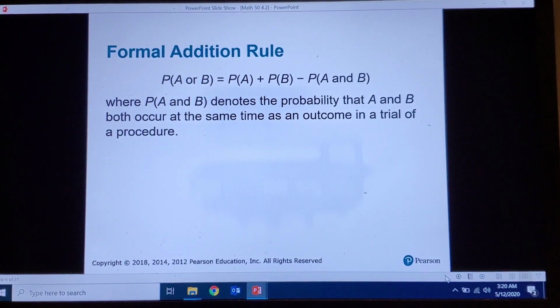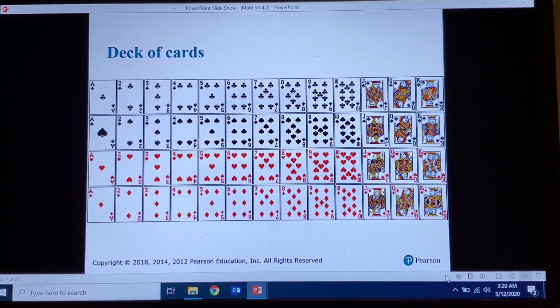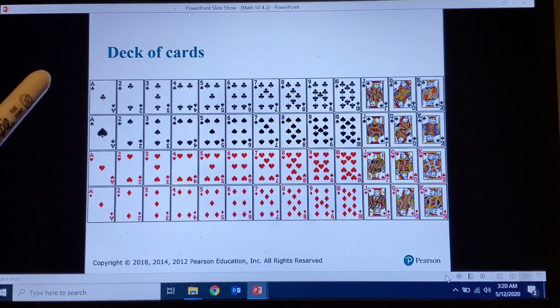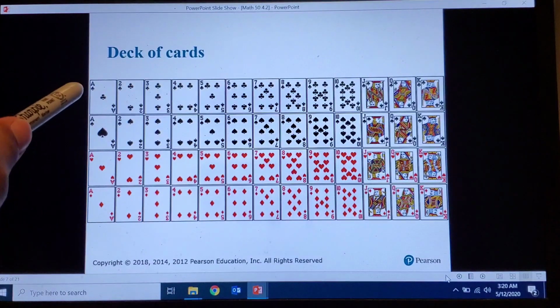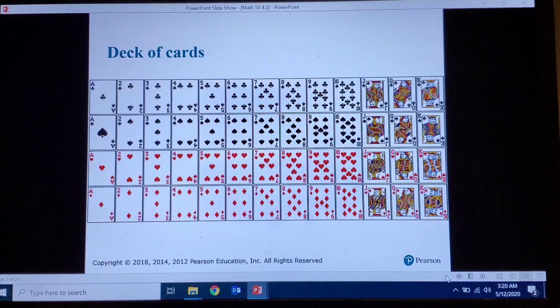But let's do a couple more examples. A very common example, of course, is using a deck of cards, and we're not using any jokers. The way a deck of cards works, they start with A. For all other purposes, we're going to let A be considered 1.